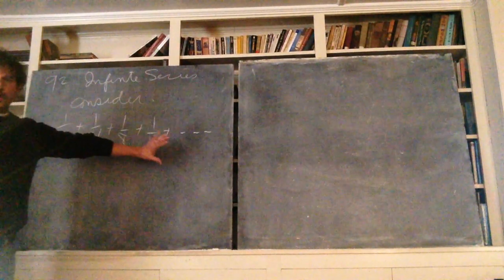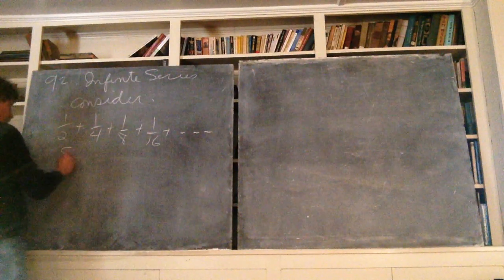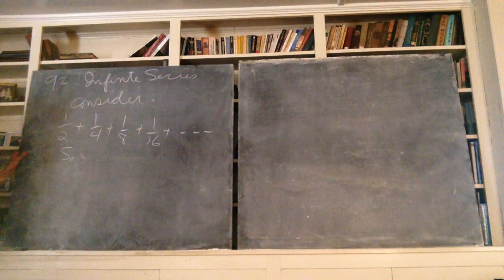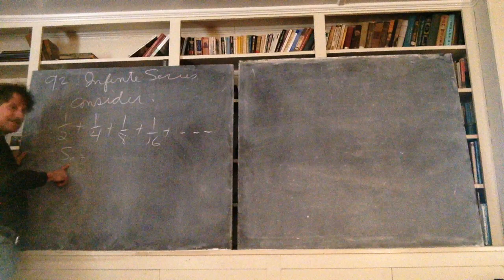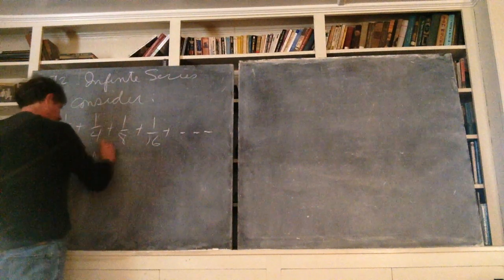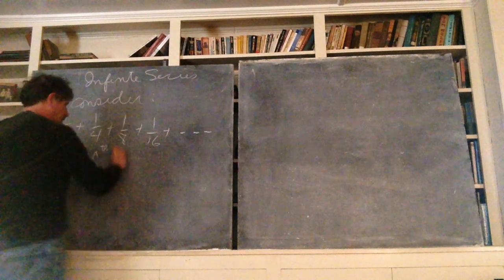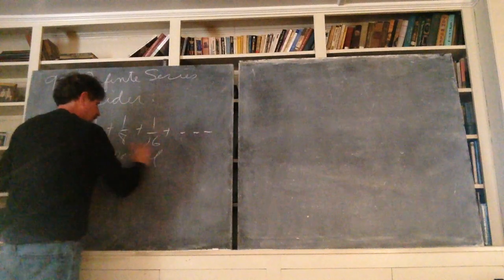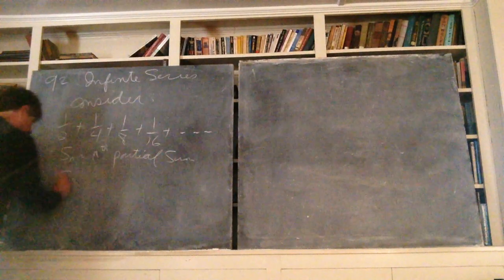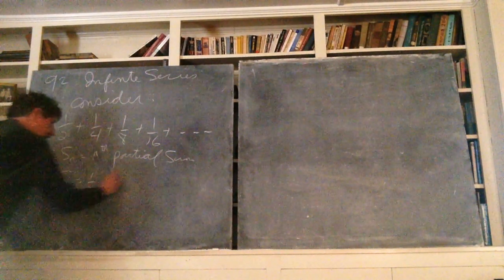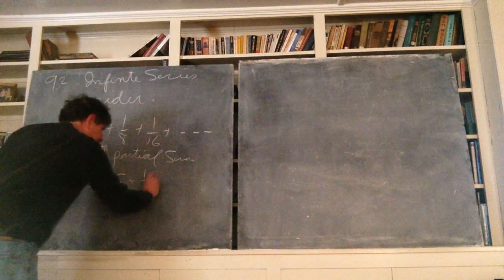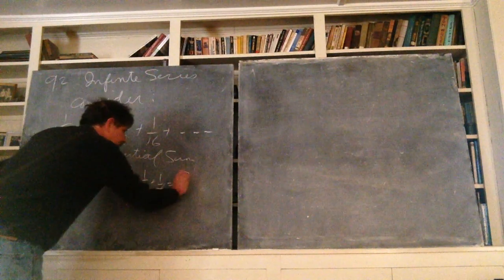What we want is, we're going to define something called partial sums, and we're going to use an S sub n to determine the nth partial sum. For example, S1 is a half, S2 is a half plus a fourth, which is 3/4.